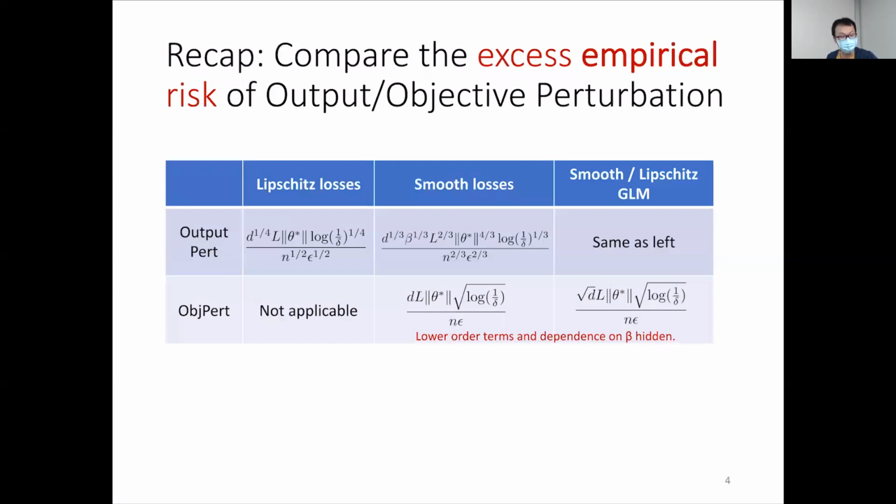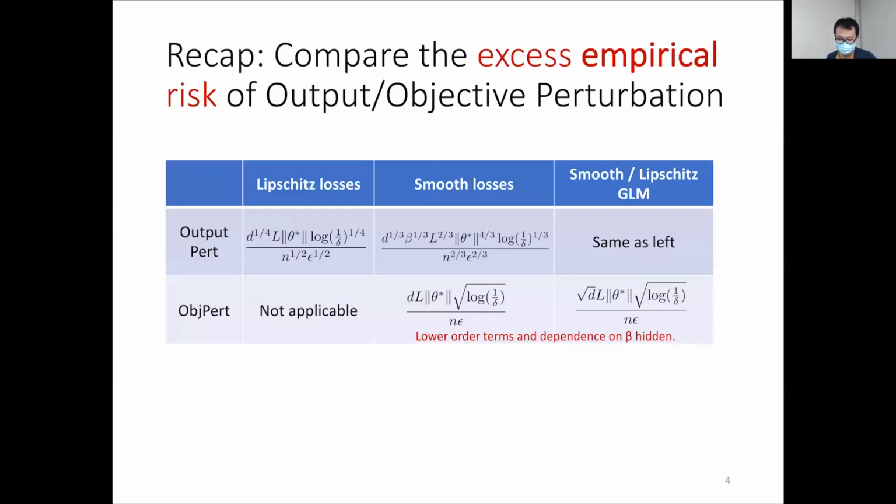This could be fixed in some cases using techniques from Kifer et al. to handle, say, non-smooth regularization terms. But when the loss functions are not differentiable, I don't think it's easy to show that objective perturbation satisfies any form of privacy guarantees.